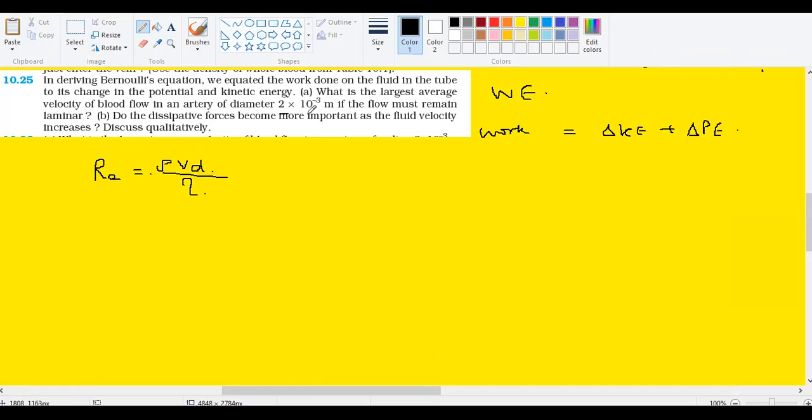The diameter of the flow is given as 2 × 10^-3. So the diameter is given. If the flow must remain laminar, this number should be below 1000, right? 2000 is turbulent. So this should be less than 1000.